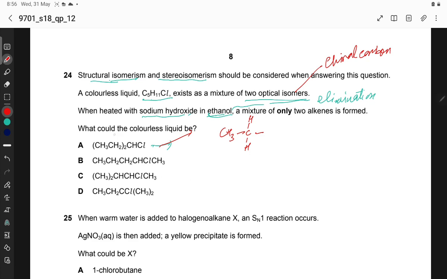They have given the colorless liquid. CH3, CH2, CH(Cl), CH3 exists as this is a chiral carbon.